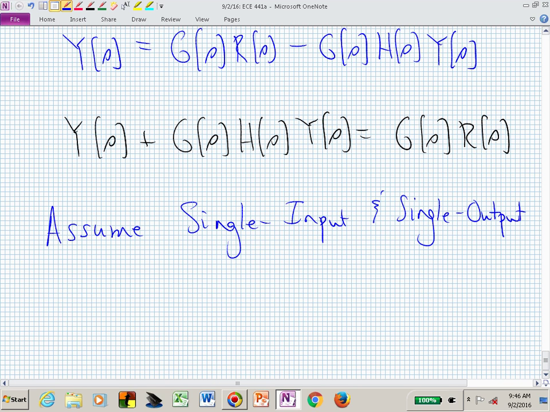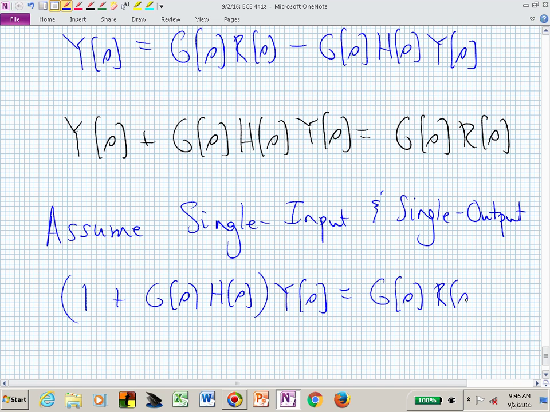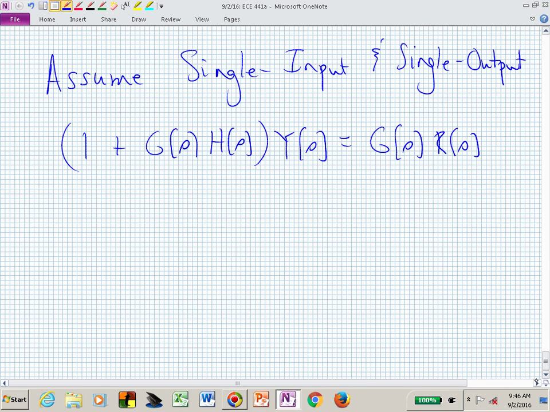That allows me now to, one, just say that Y of S I can factor out by having a 1 as a placeholder or as a scalar. In general, if this was multi-input or multi-output, that 1 would be an identity matrix to factor out the Y. And this is now on the right, G of S, R of S.